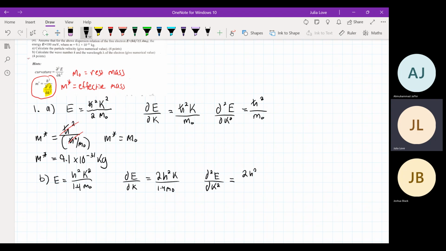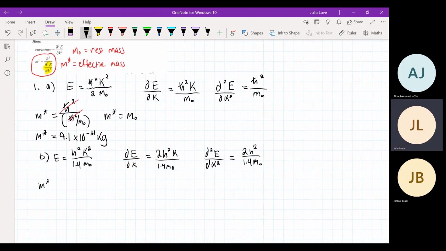We have 2h squared over 1.4 rest mass. So now we know that our effective mass is going to be equal to h over this expression we just derived.